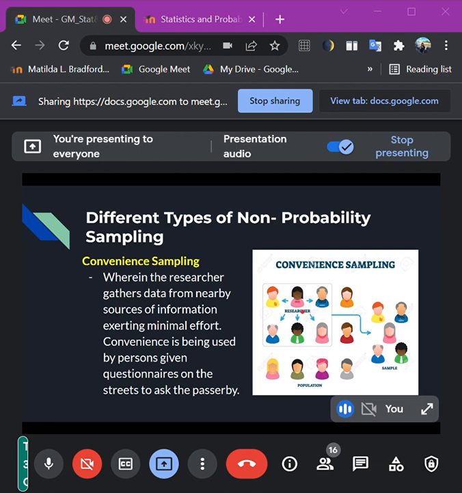So convenience sampling, class, is used when we don't have any set of workers or respondents prepared. It is direct, in which you're going to just give questionnaires on the streets and let them answer for your research.